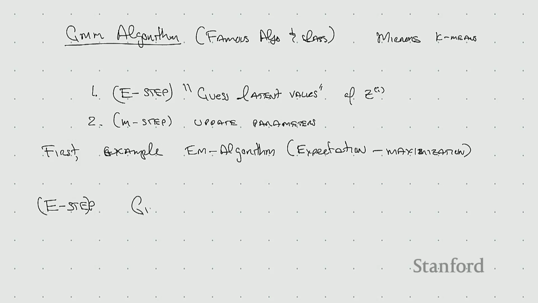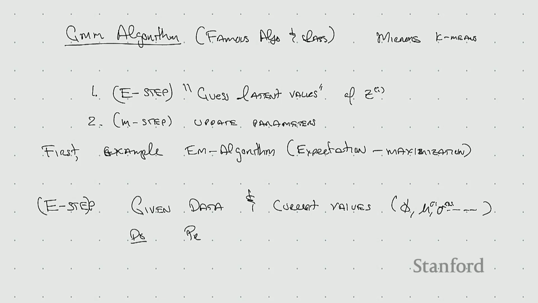The E step. So here, we're given the data and current values, which are guesses, for phi, mu, sigma, and all the parameters: sigma 1, mu 1, mu 2, whatever. And our job is to predict z_i for i equals 1 to n.